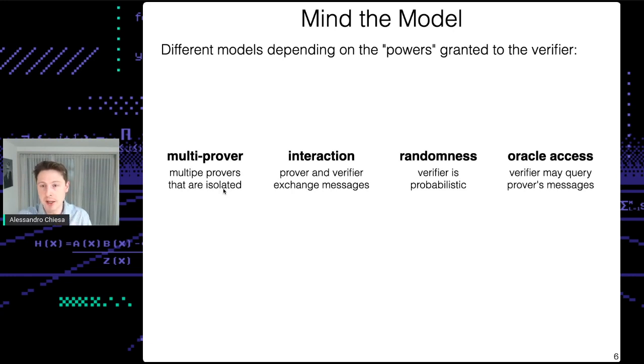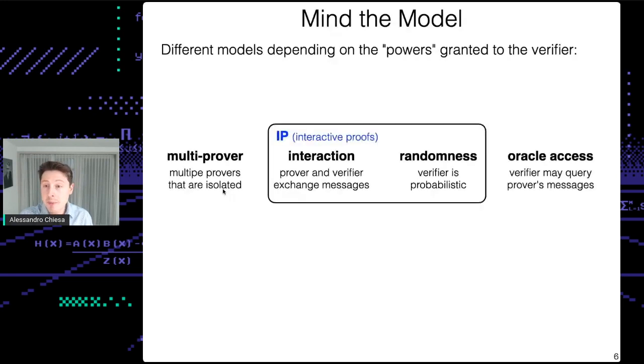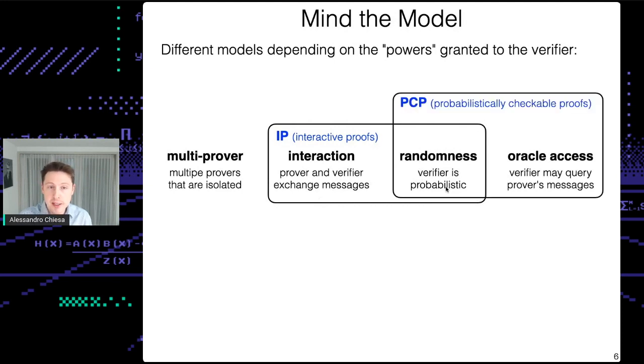And depending upon which of these powers you grant to the verifier, you're going to obtain different types of probabilistic proofs. Perhaps the most common, the most familiar of all is interactive proofs, that consider verifiers that can talk to the prover and use randomness. Okay, this is the IP class of interactive proofs. Yet another is PCP, probabilistically checkable proofs.